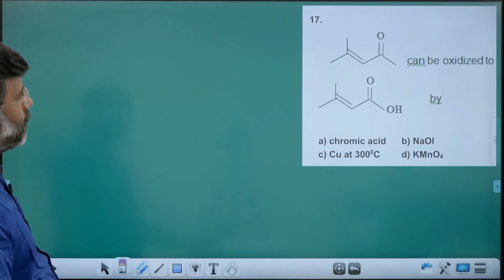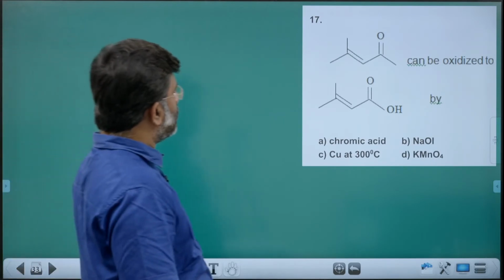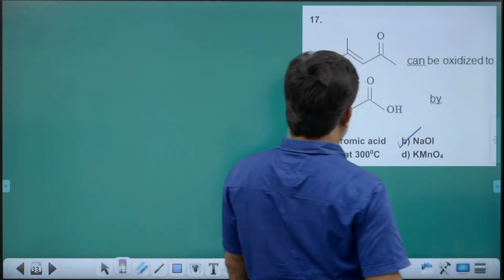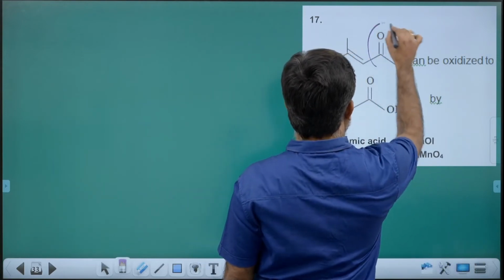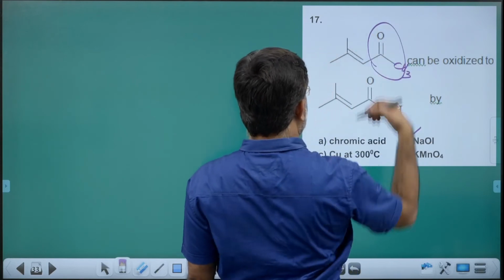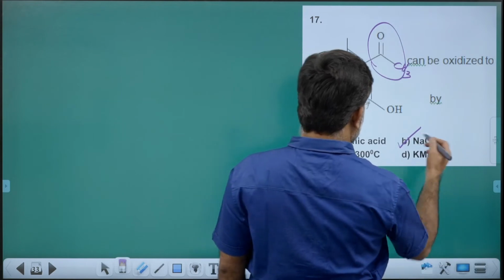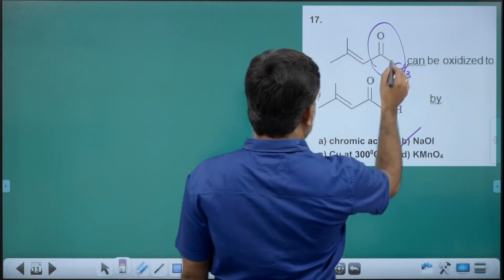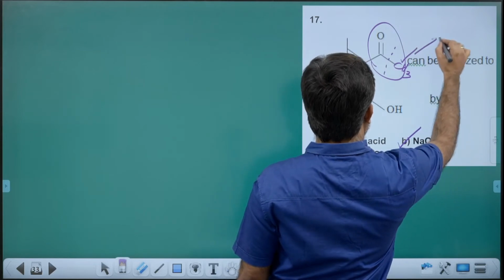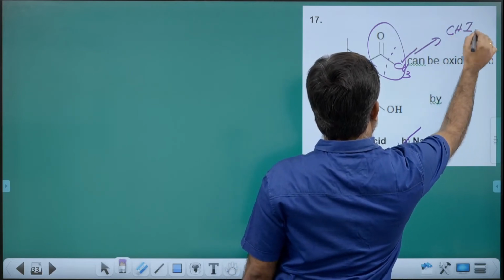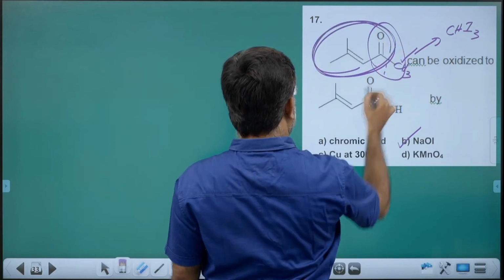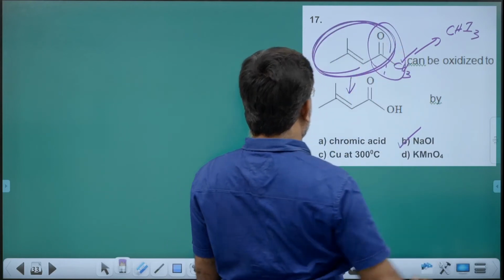The given molecule can be oxidized to this. Iodoform test, again iodoform test. This is a methyl keto group. There is a methyl group here and this is a methyl keto group here, and if it reacts with NaOI, it is going to break here. This carbon will be converted to iodoform CHI3, and this part will be oxidized to acid group.